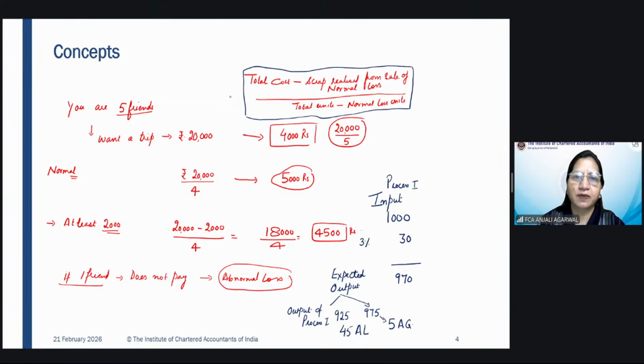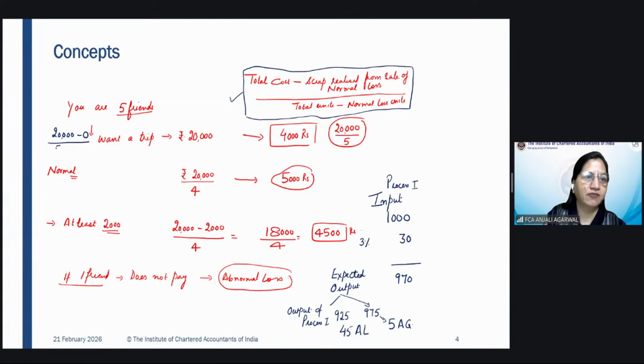So coming back to this formula, this is the most important formula and this will hold true in all circumstances. Total cost minus scrap realized from sale of normal loss, divide by total units minus normal loss units. So let's look at this formula from the perspective of this example of friends. Total cost 20,000. Scrap realized from normal loss 0.